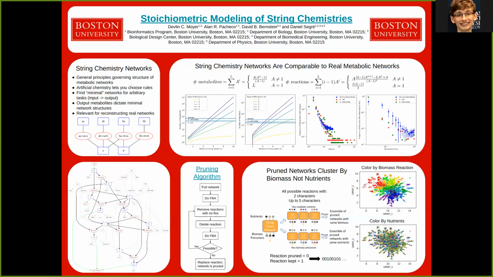So, going deeper into this notion of applying FBA to these string chemistry networks: if we look at the bottom left panel here, we see the string chemistry network with all possible reactions for chemicals that have two kinds of monomers and are up to length 3. You can see this is already much more complicated than the one right above it, which is all possible reactions for chemicals of two kinds of monomers up to length 2.